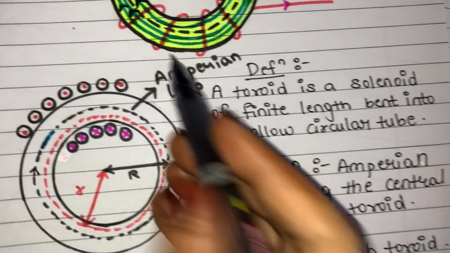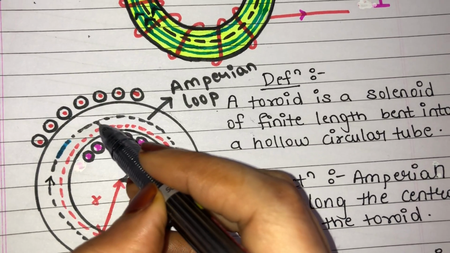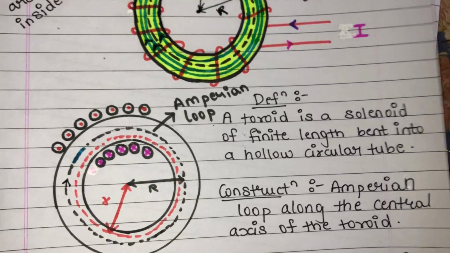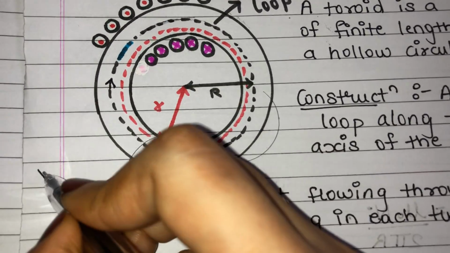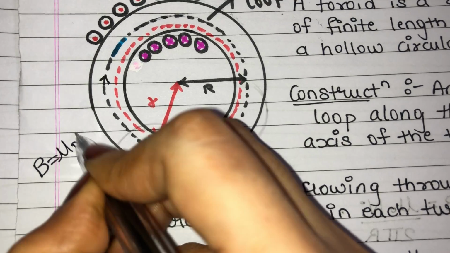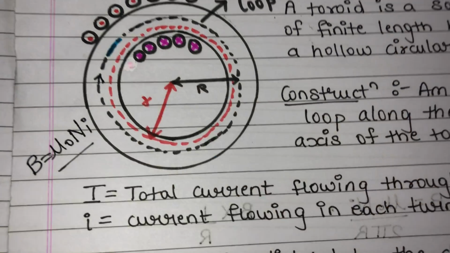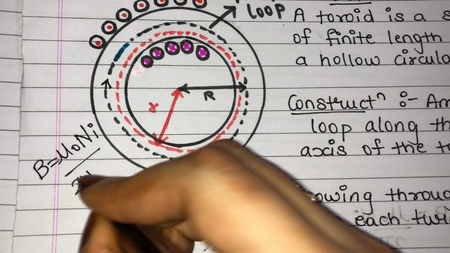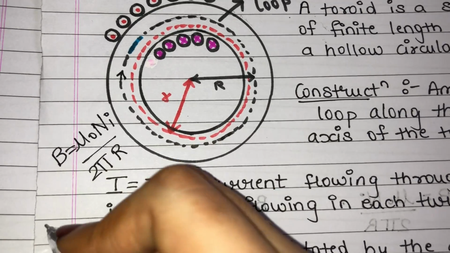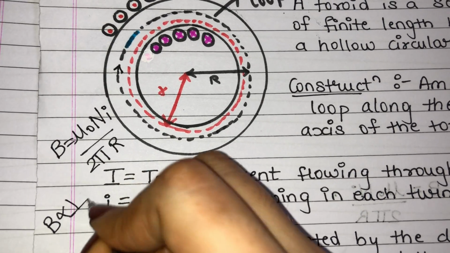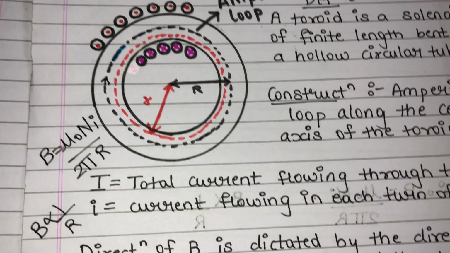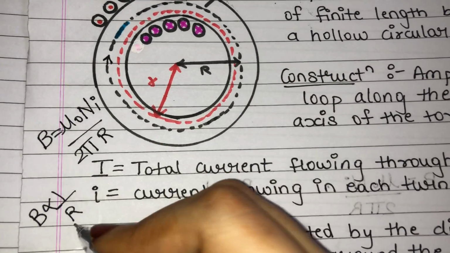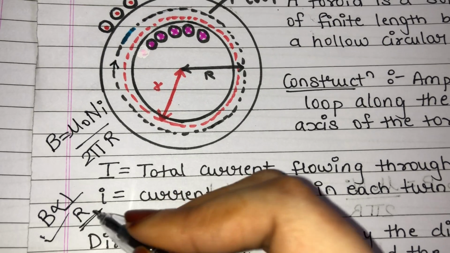Along this central axis, we get whatever magnetic field there is. That is given by the formula B is equal to mu naught N I upon 2 pi capital R. Now what can I say from this? B is inversely proportional to R. B is inversely proportional to R means if I change R, B is going to change.